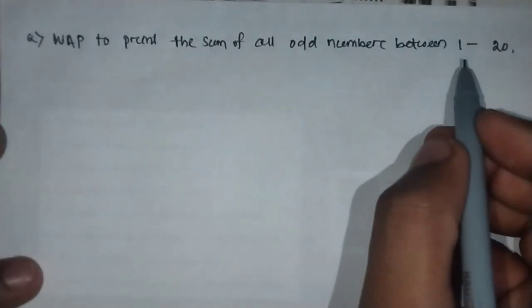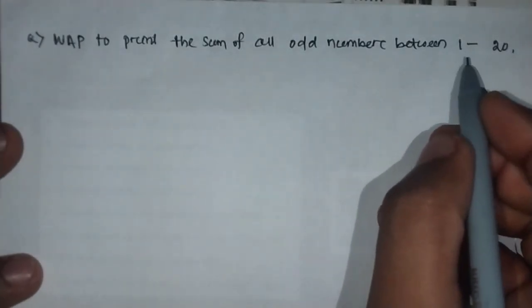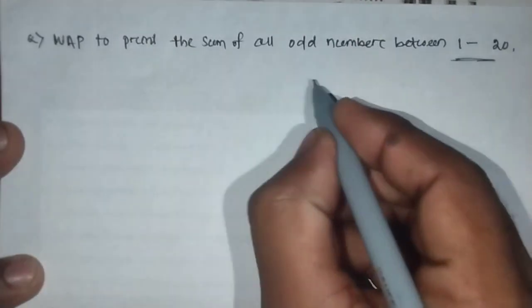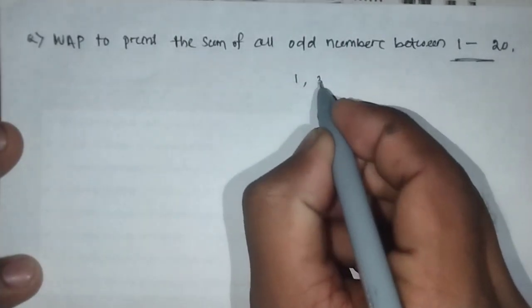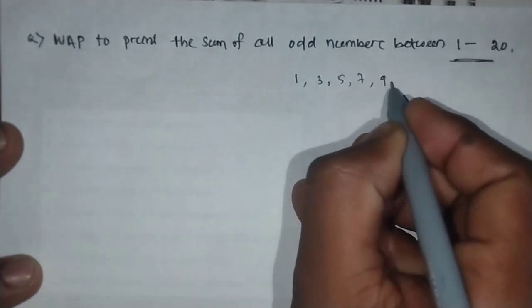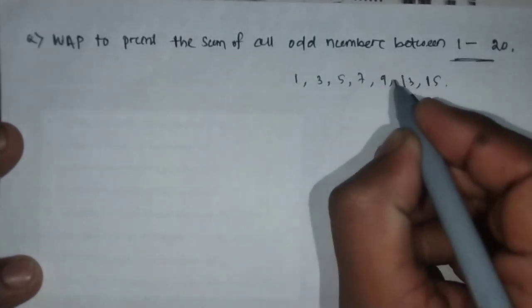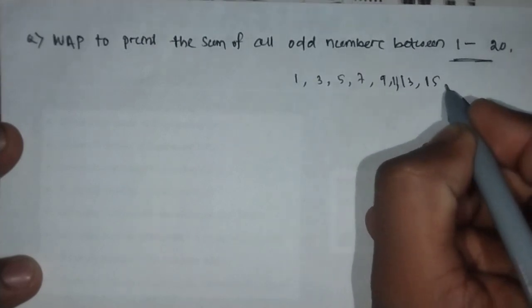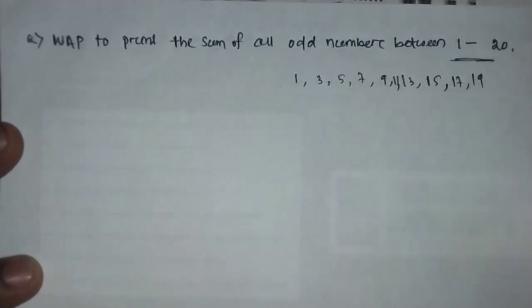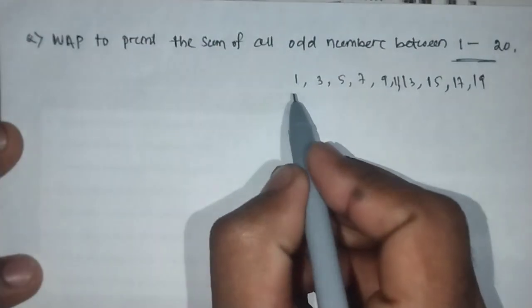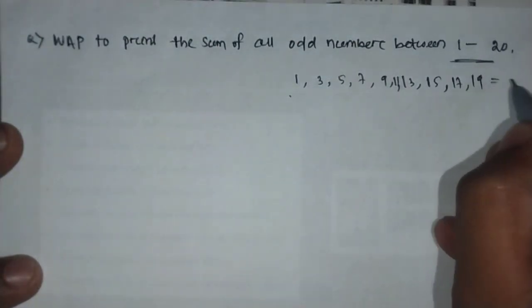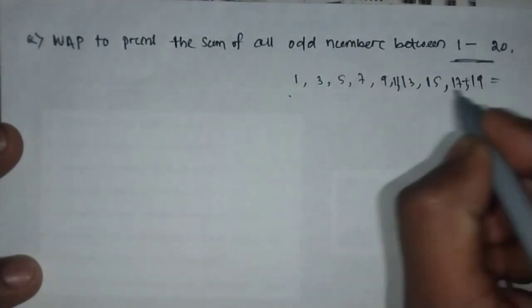We know the odd numbers that lie between this range are 1, 3, 5, 7, 9, 11, 13, 15, 17 and 19. We have to print the sum of these numbers.